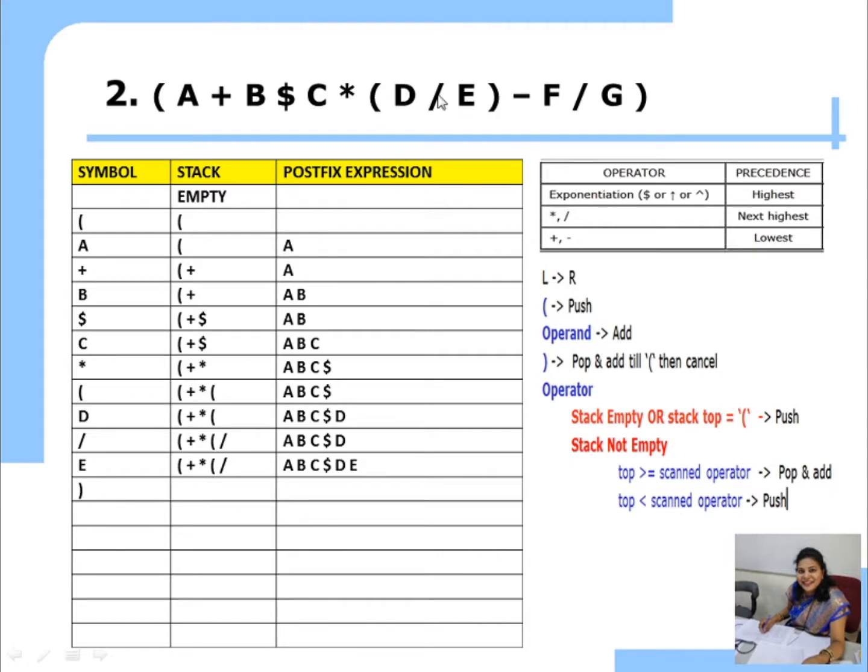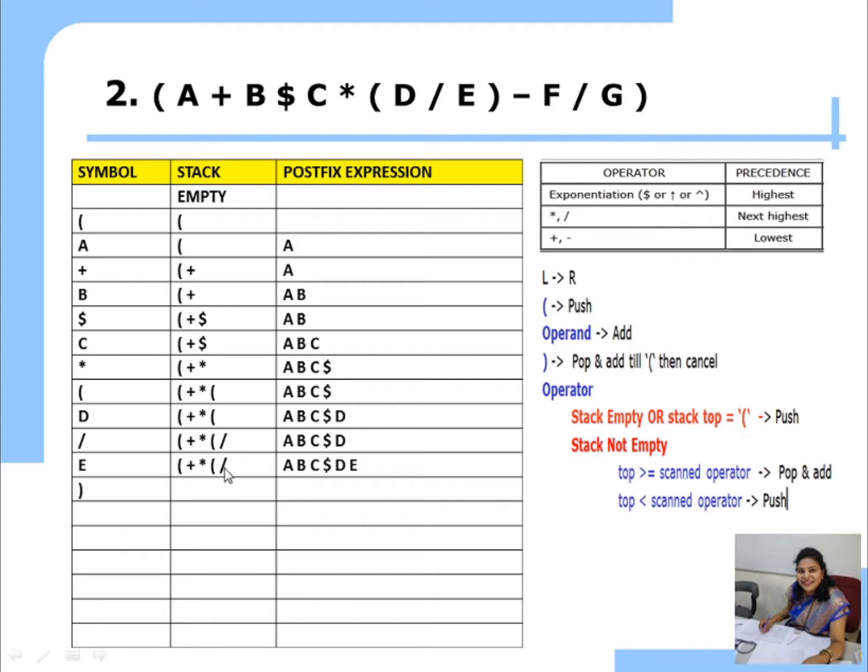This is the right parenthesis and its matching left parenthesis is this. So whatever is present on the stack, we pop it till we get the matching parenthesis.